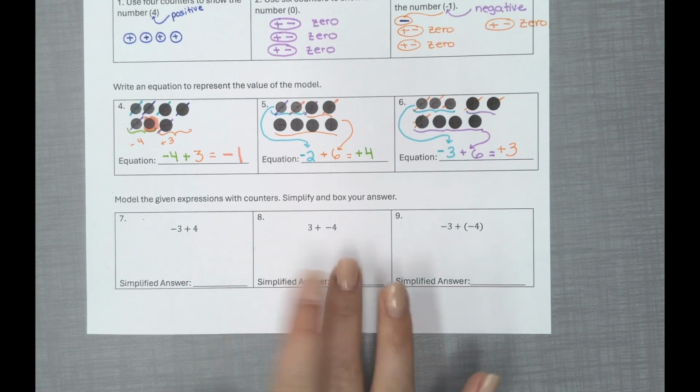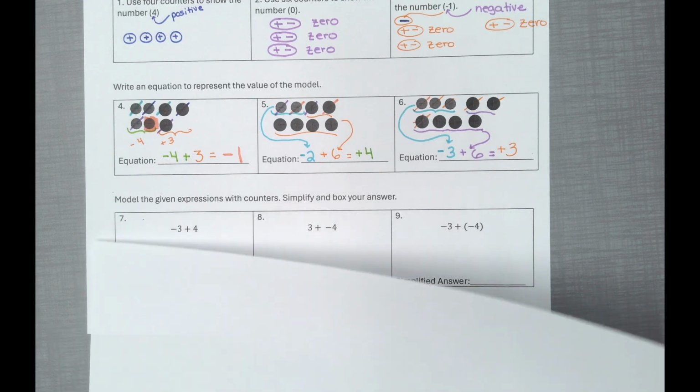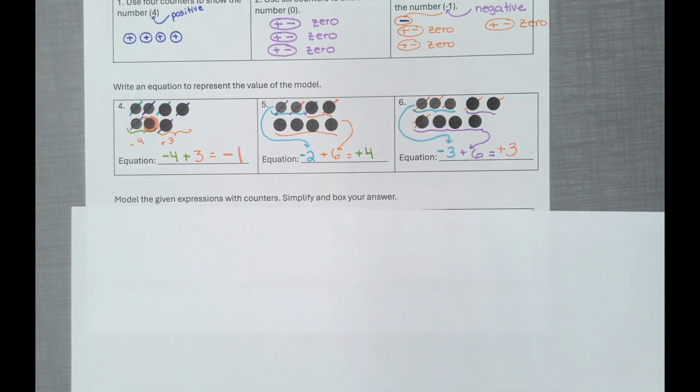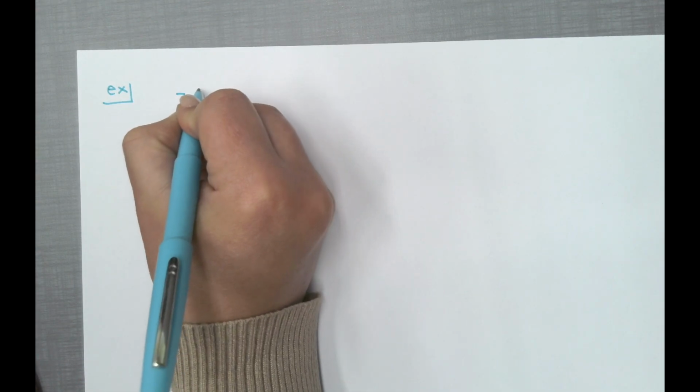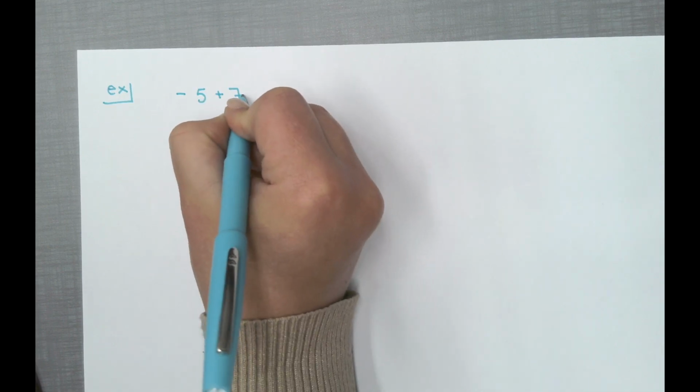Now for these bottom 3, I am going to give you an example. These 3 you have to do on your own, but I am going to shift this aside and give you an example of how to do these. Okay, these are different questions, so let me move this off to the side. For example, if we have negative 5 plus 7.